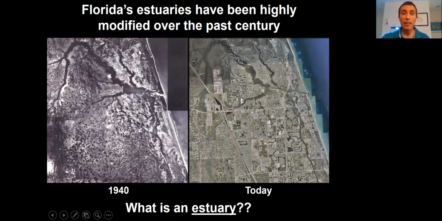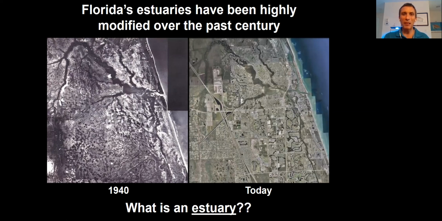Fast forward to today, there's almost nothing left in the Loxahatchee watershed that's natural, with the exception of this wonderful protected area in the upper headwaters of the northwest fork of the Loxahatchee, Jonathan Dickinson State Park. Have any of you spent time in Jonathan Dickinson, maybe kayaking in the upper river here? My point with these two pictures is that we, in a very short period of time, have done a number on Florida's waterways.